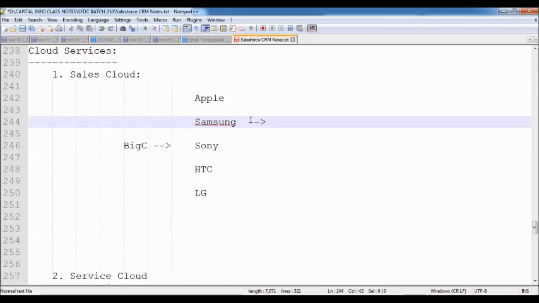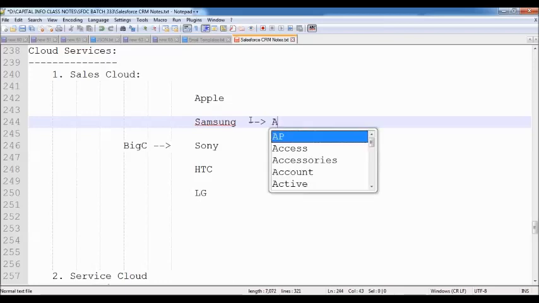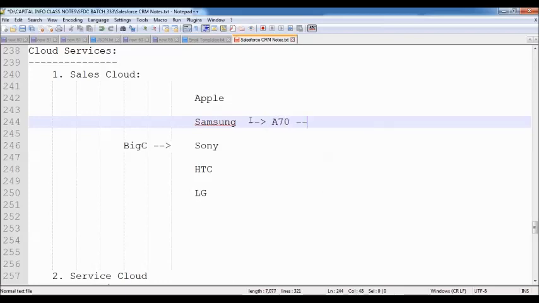For example, assume they are selling a product from Samsung, some A70 model. Upon selling this A70 model, they charge some 25,000 rupees as the mobile cost. Along with that, they provide 1 year of free insurance service, and they provide an 8 GB memory card free of cost.